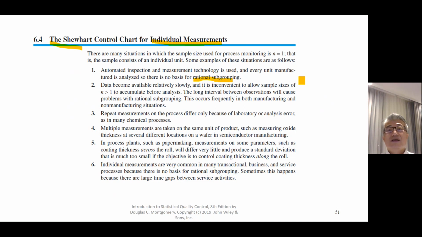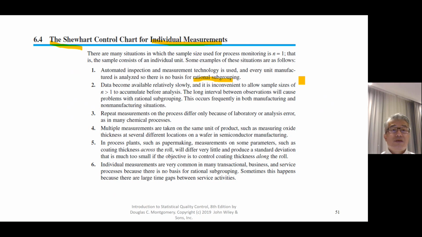It is inconvenient to allow sample sizes where n is greater than 1 to accumulate before analysis. Sometimes it is too late, as the processing takes longer than expected. The long interval between observations will cause problems with rational subgrouping. This can occur quite frequently in both manufacturing and non-manufacturing situations.